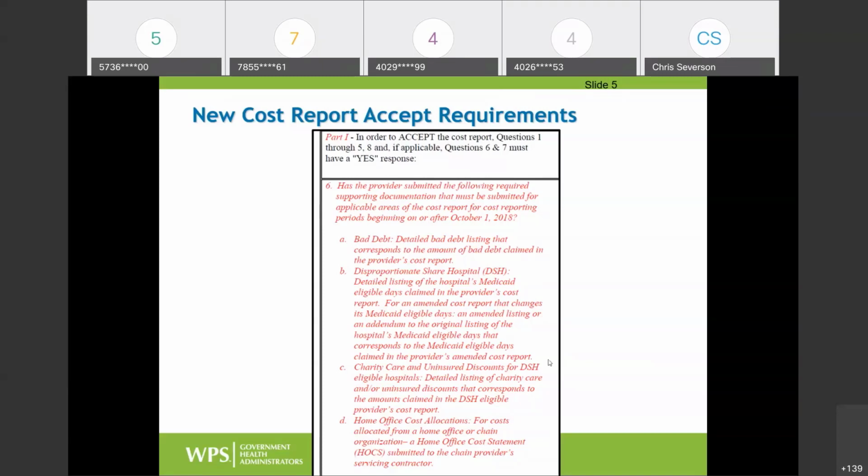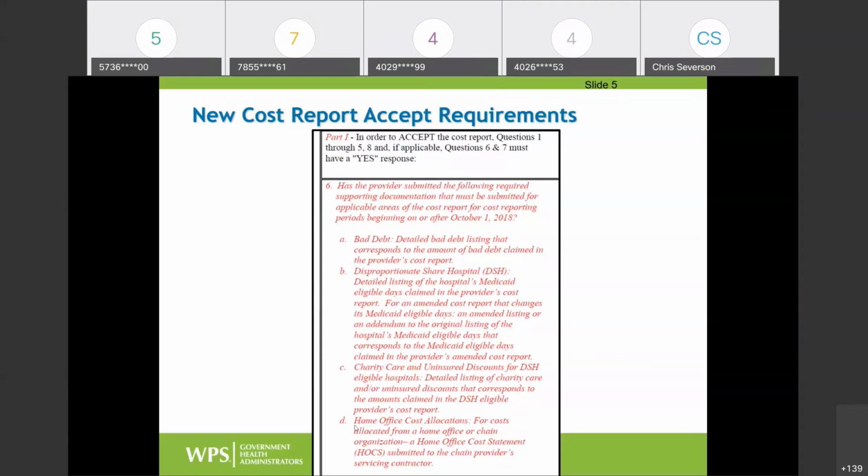Now, it's kind of unfortunate that CMS did not include total bad debts in this because we do need that to do the review. So we certainly prefer you submit that as well up front with the cost report. However, that's not an item we can currently reject for. So if the total bad debt listing is not there, we'll probably be sending you a request for it, but that one piece will not be rejectable.